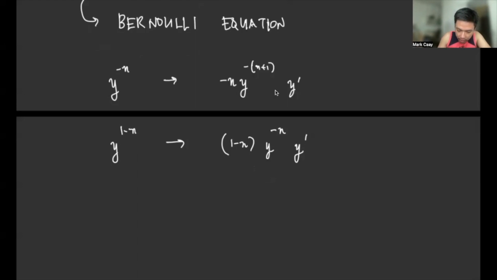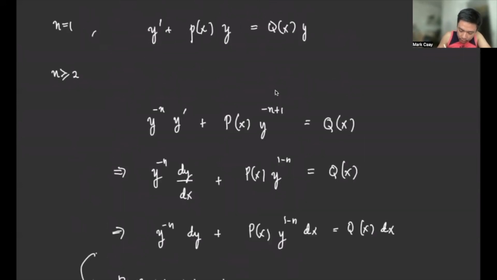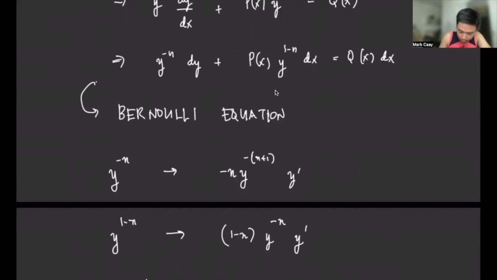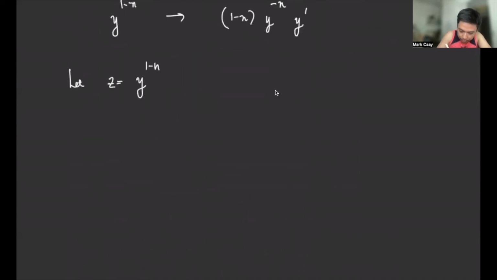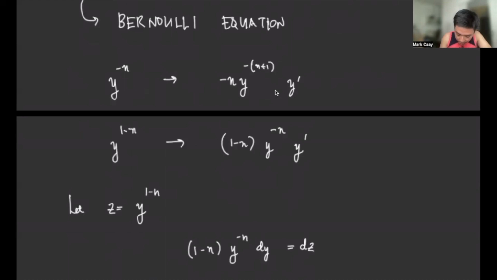So, this means that if we let z be equal to y to the 1 minus n, I can now replace the equation by this form: 1 minus n, y to the negative n, dy, and this is equal to dz. Tama ba? Kasi since we let z be y to the 1 minus n, dz is equal to this one, because this is its derivative.